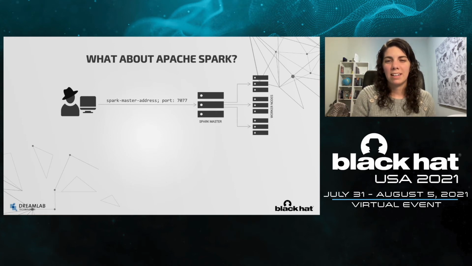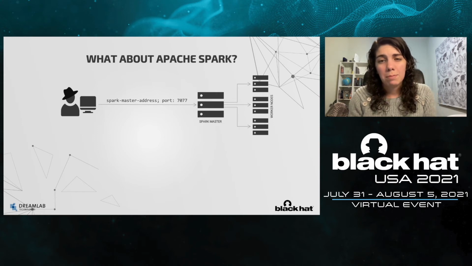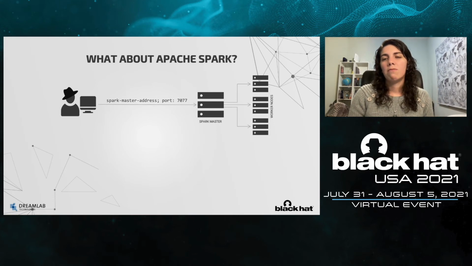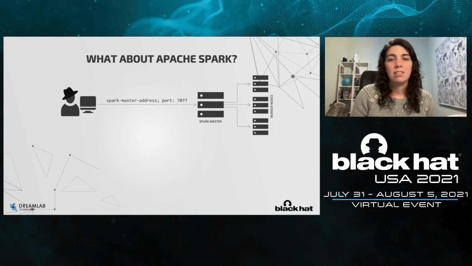And also Spark has other advantages over yarn as well. So Spark has its own IPC port on 77, and we could submit a Spark application to be executed on the cluster through this port. It's easier than with yarn.